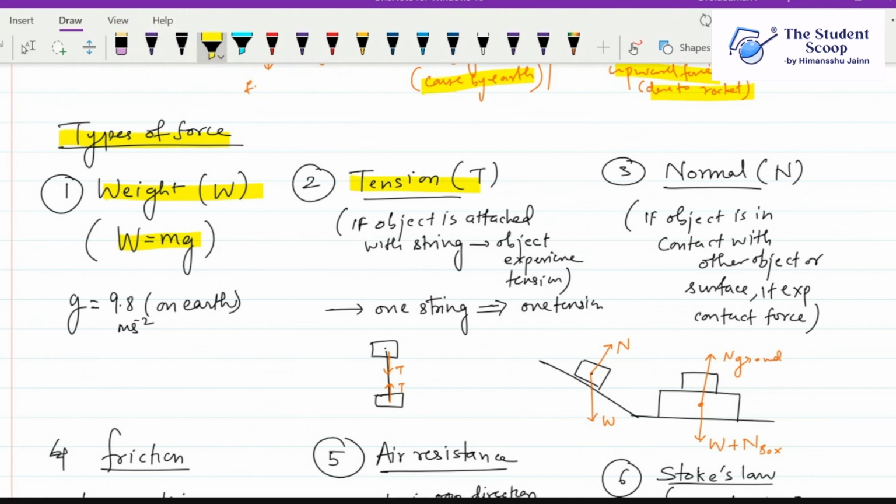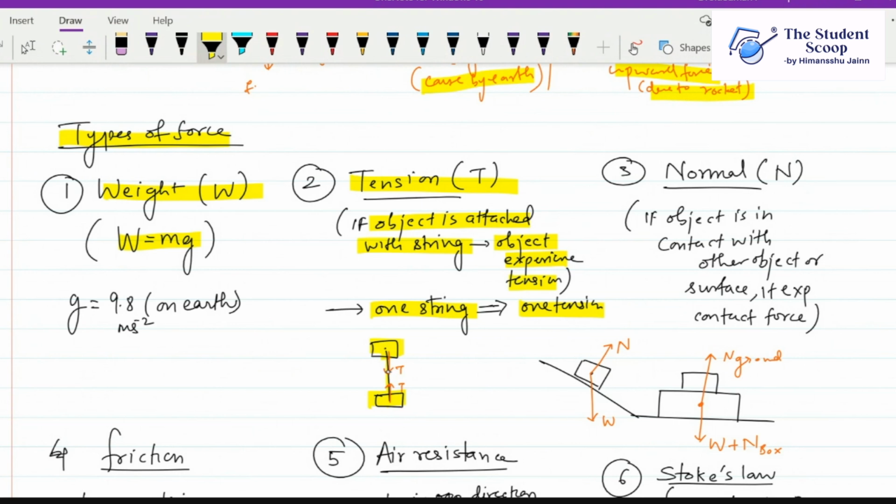Then we have tension. Tension is the force that is experienced by an object that is attached to a string. So the object experiences tension whenever we pull an object using some kind of string. Now, one rule is that if there is one string attached to multiple objects, there is only one tension. So if there are two blocks and one string between them, there is only one tension.